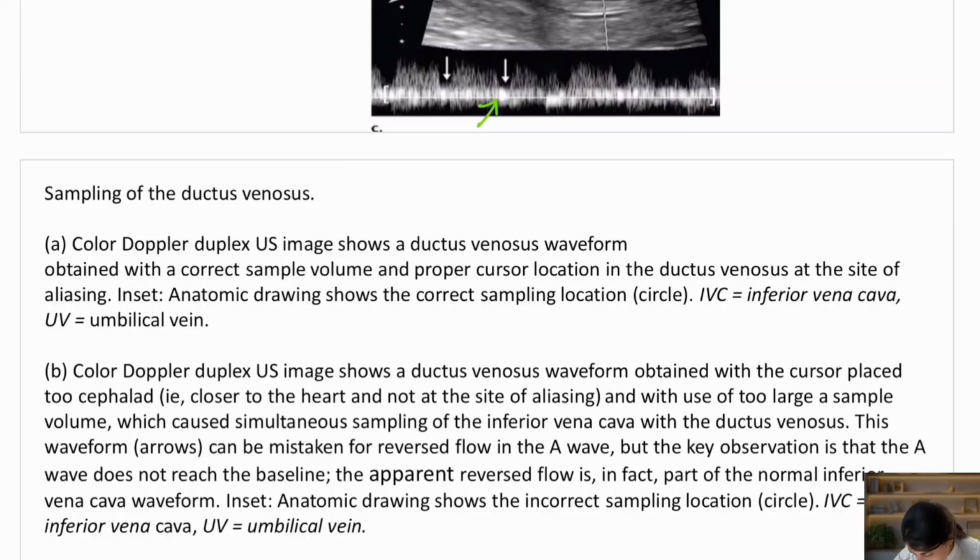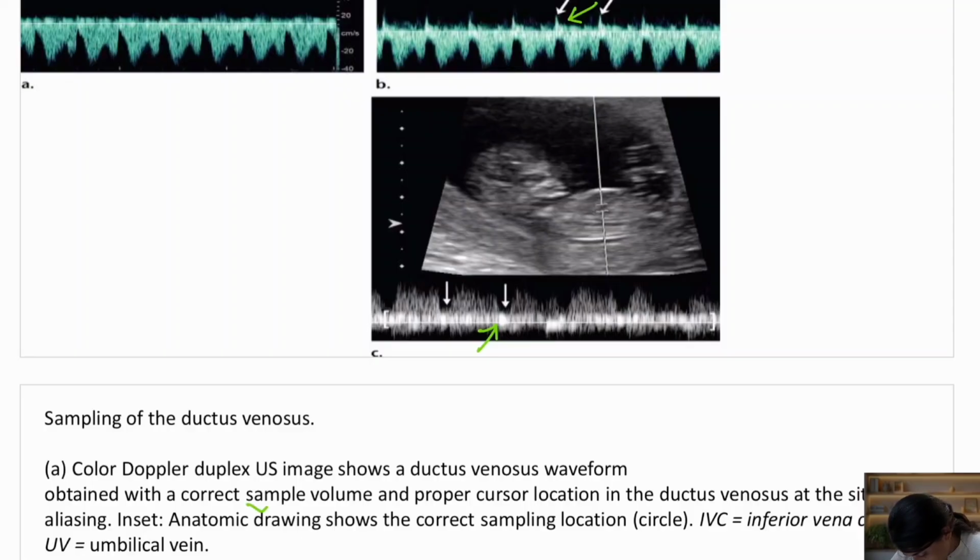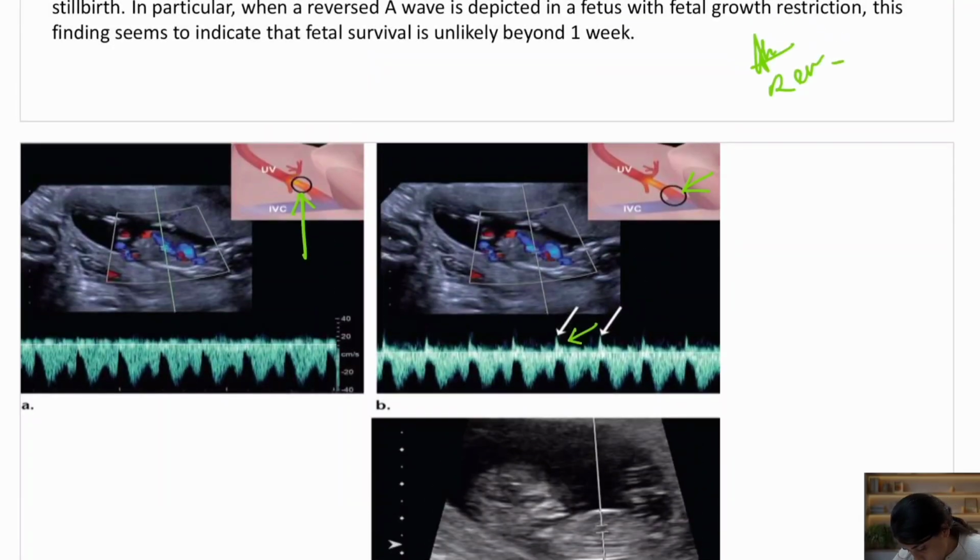Okay, so in the first image I have shown the correct sample volume and proper cursor location in the ductus venosus at the site of aliasing. So here, see, the sample volume is at the site of aliasing, and not much towards the IVC end of the ductus venosus.